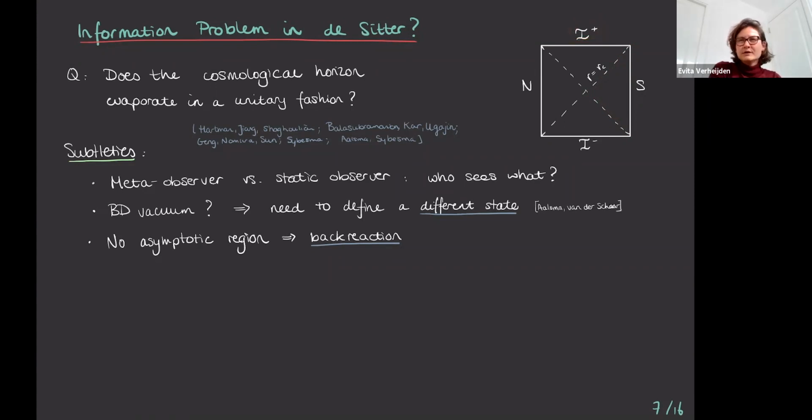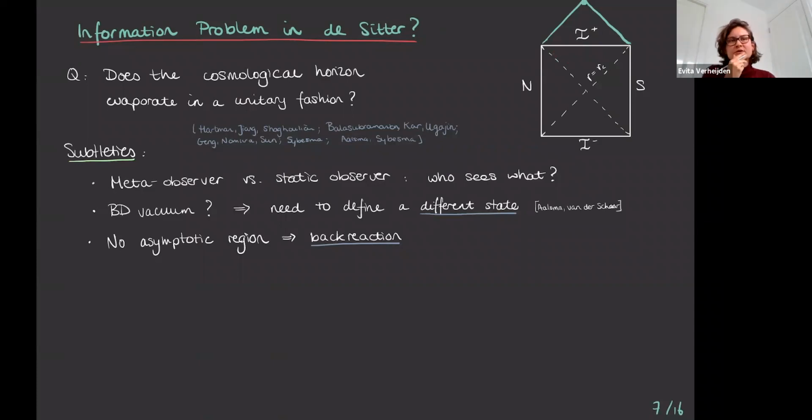Maybe a cleaner way to picture this is by adding what is sometimes called the census taker's hat. You're defining what is sometimes referred to as the meta observer. It's just a guy sitting here who has access to everything that came in at the future horizon, at future infinity.